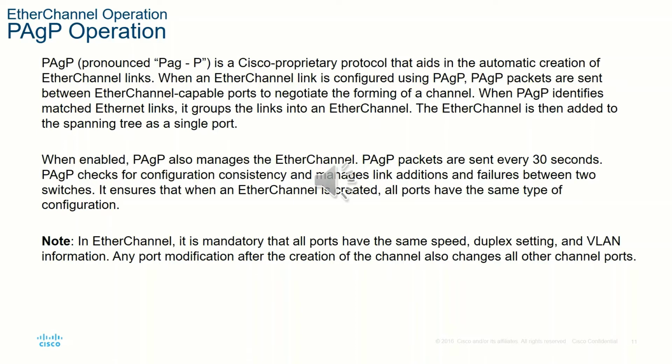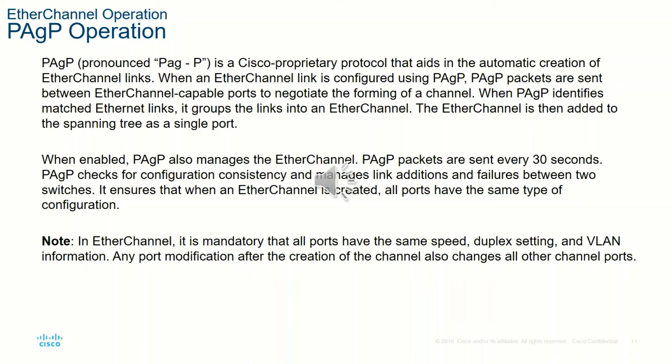When EtherChannel link creation is initiated through PAgP, then PAgP negotiates between both switches by using PAgP packets. The EtherChannel capable ports in both the switches exchange PAgP packets to negotiate the forming of the channel. At the end of the negotiation, PAgP identifies the matched Ethernet links. Then it groups the links into an EtherChannel.